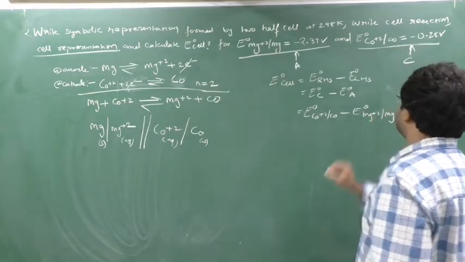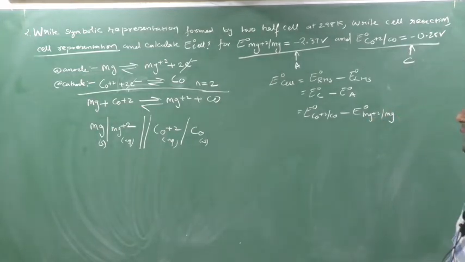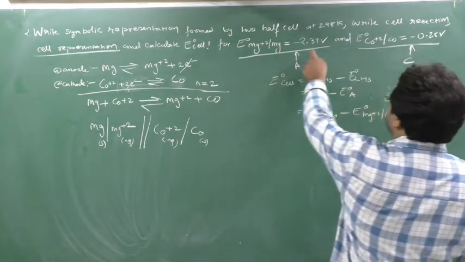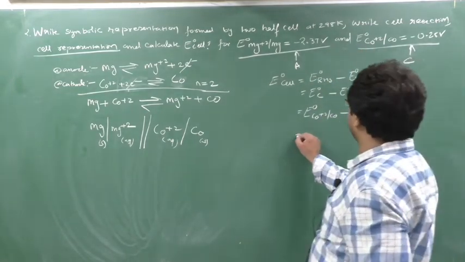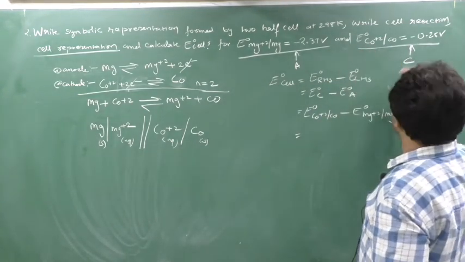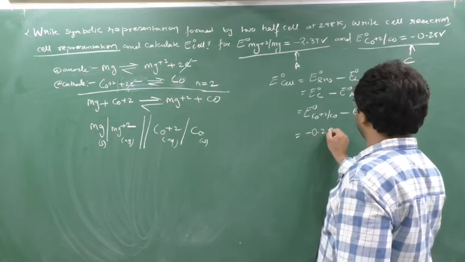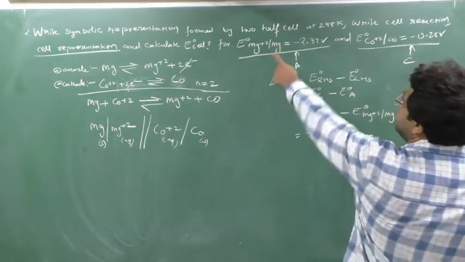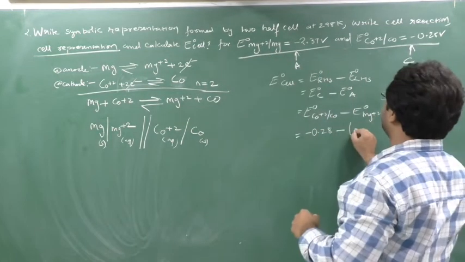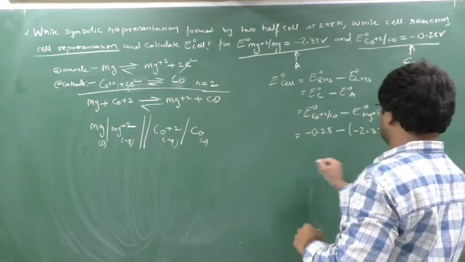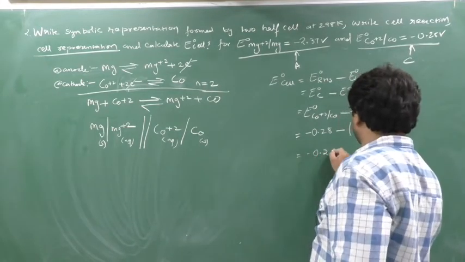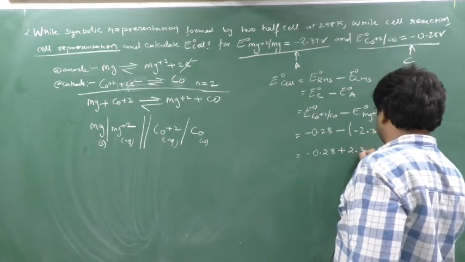And always solve the problem by using reduction potential values only. Here they have given the reduction potential values, just put the values here. First, E0 Co plus 2 slash Co is minus 0.28, and E0 Mg plus 2 slash Mg is minus 2.37. So here, minus 0.28 plus 2.37.